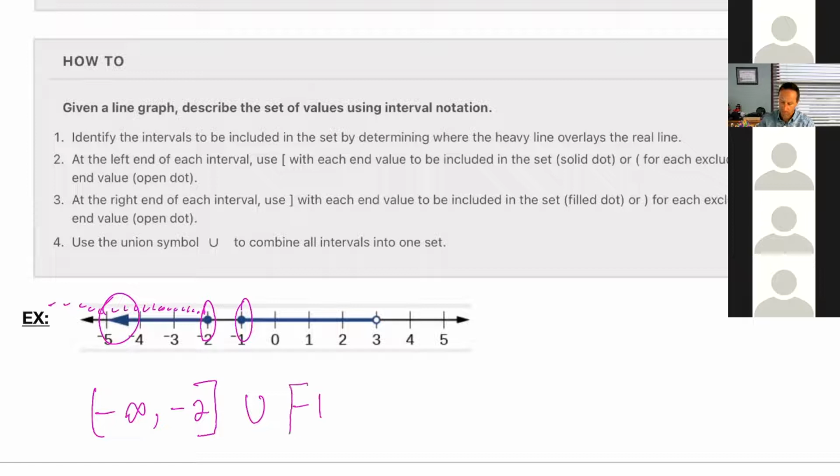Yes. Because it has a solid dot, just like every single one of these that are so closely pushed together all form a straight line. But all of those solution sets or domain, our input values, go all the way up to what value? 3. And is that included? No. So we put a parenthesis around it.